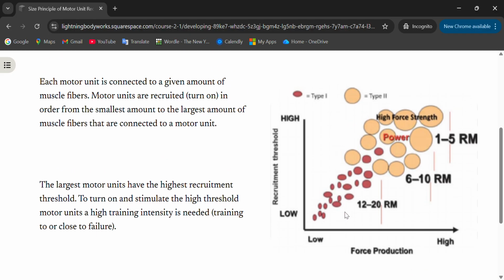If we're only ever training very light and low intensity, you're only going to be recruiting these smaller muscle fibers. If you want to get the higher threshold stuff, you need to train with higher force production.